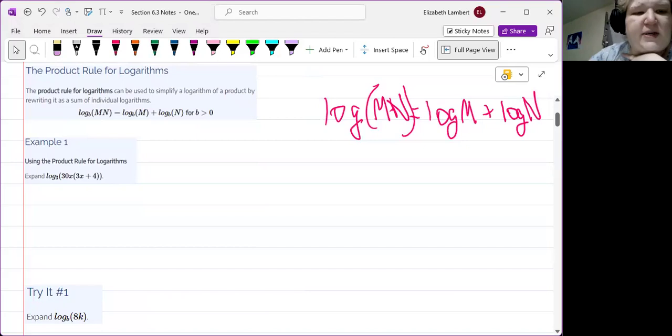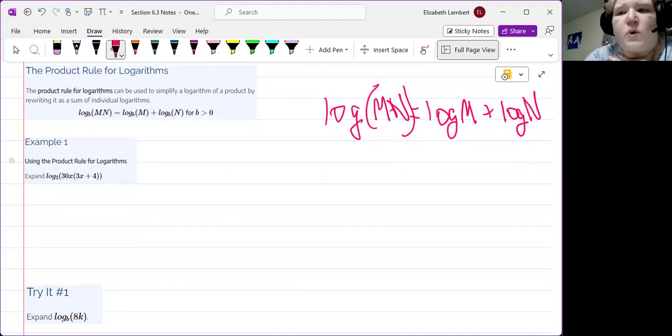So our example here, log base 3, don't really care about the base, of 30x times 3x plus 4. I know gut reaction is get rid of parentheses. Don't do it here. Here, we're wanting to expand this into as many logs as possible. We need the outermost operation to be multiplication, not addition.